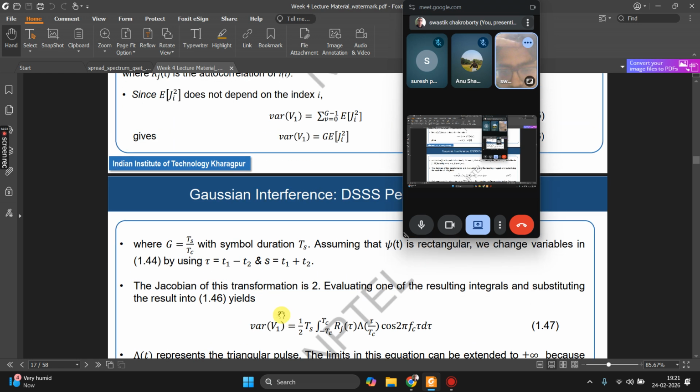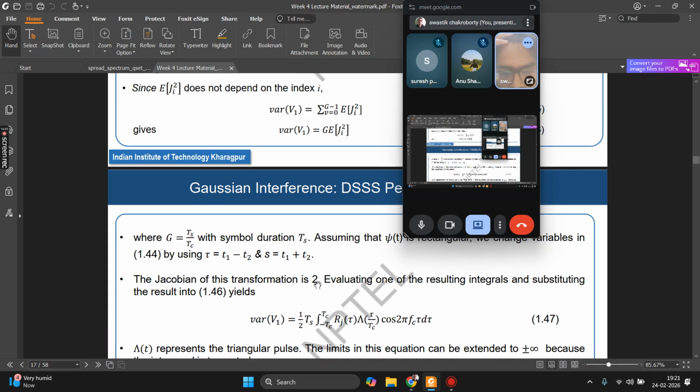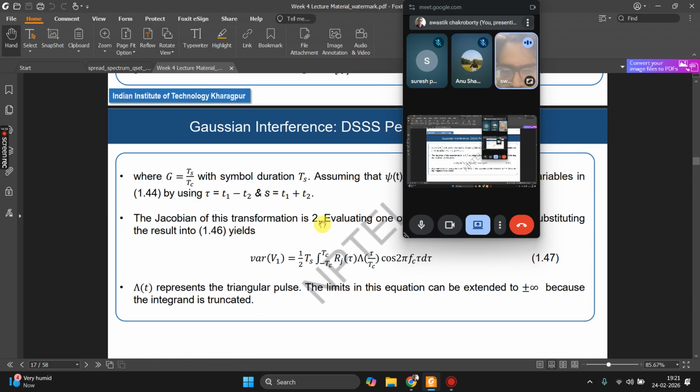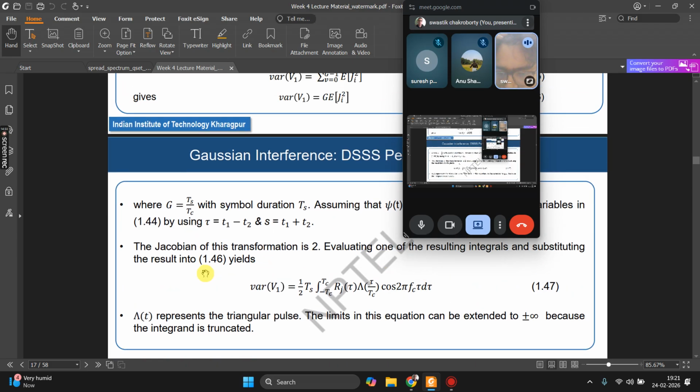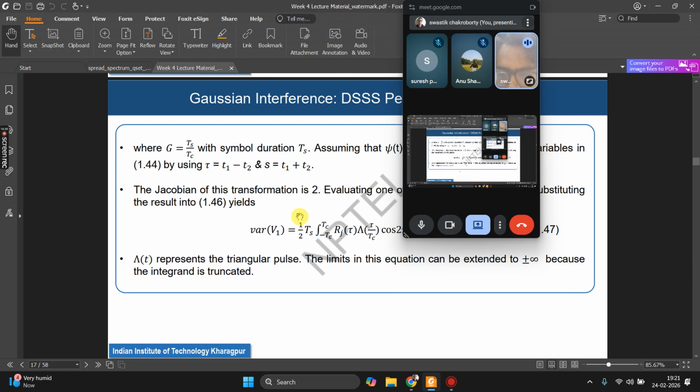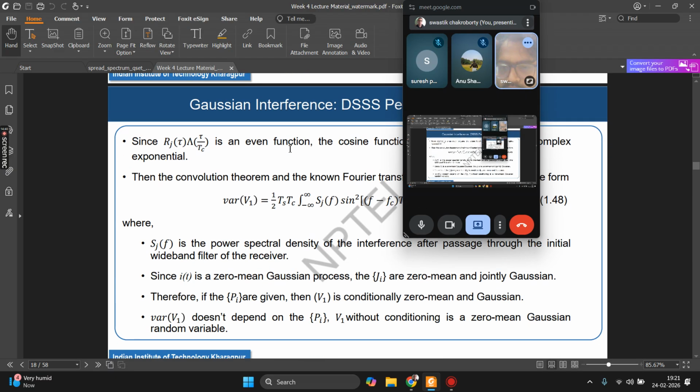So evaluating one of the resulting integrals and substituting the result will give you this kind of a thing, where lambda is the triangular pulse.